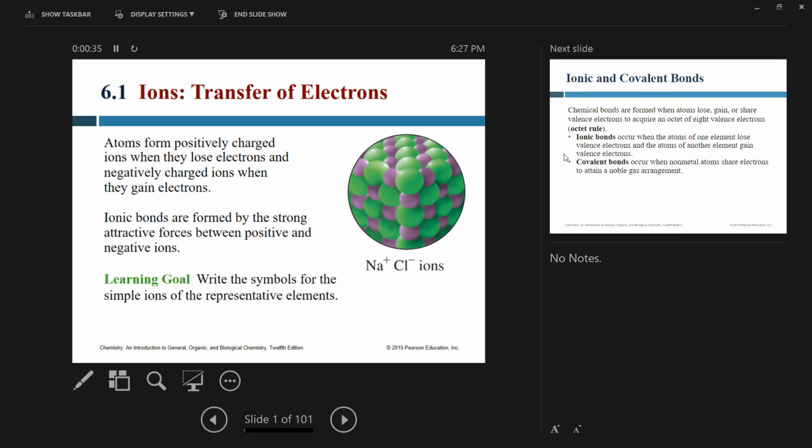Sorry about that. So, a huge chunk of what we're going to talk about, we already discussed during the lab portion of the class. Now, what do we need to know? Atoms form ions. Ions become positively charged when they lose electrons, and they become negatively charged when they gain electrons. Does that make sense?